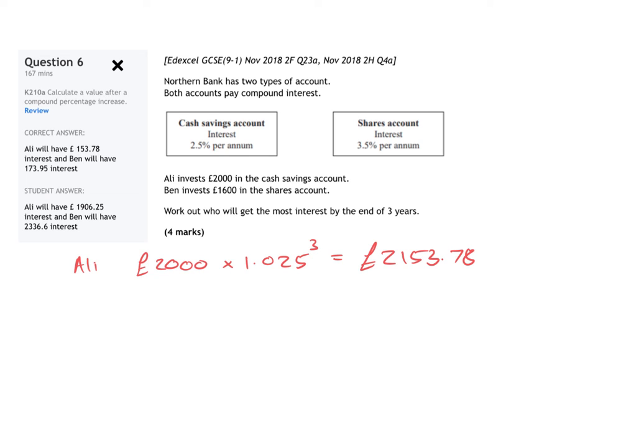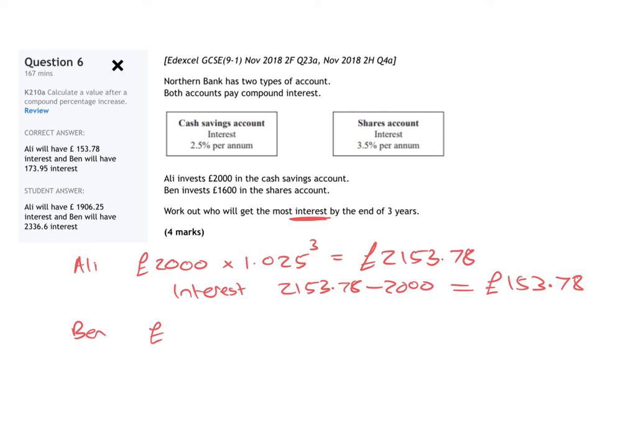The question asks who gets the most interest. So the interest is the difference. So it's 2,153.78 minus 2,000, which is 153.78.